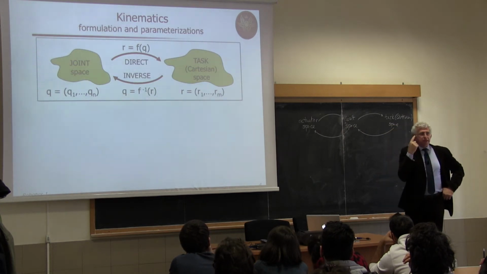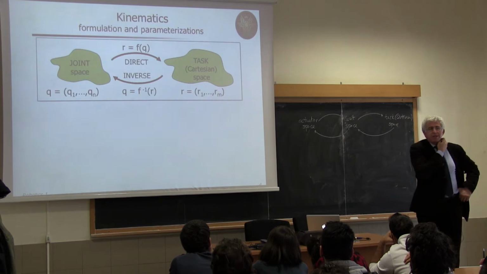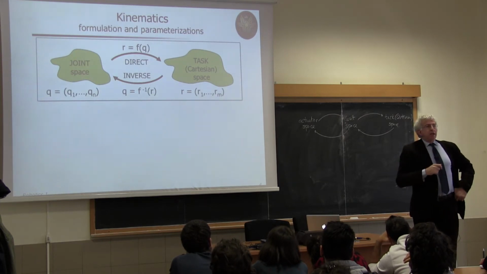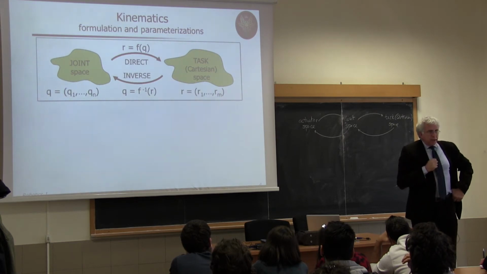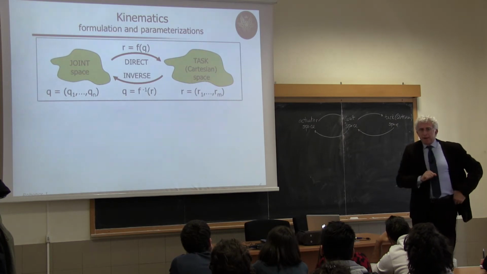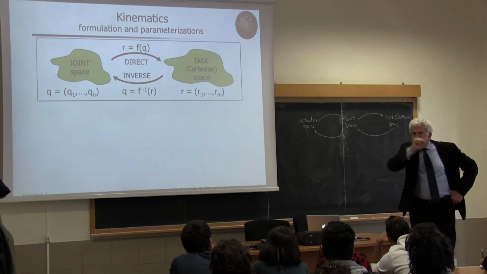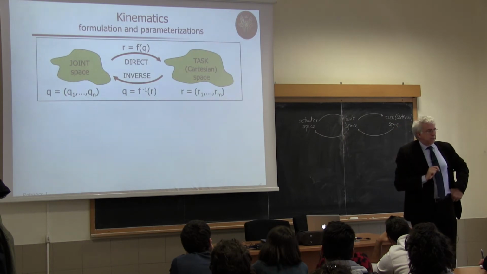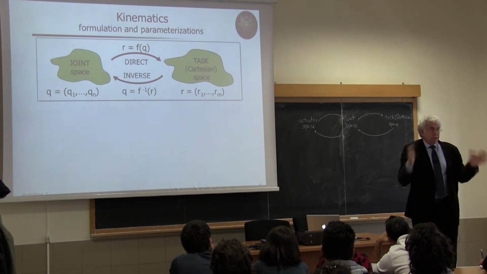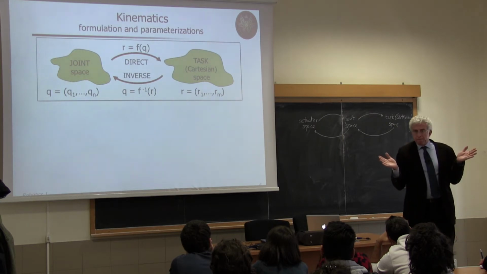And I give you immediately one example. For instance, your task would be to move the end effector, which carries a camera, in such a way that in the image plane of the camera, you will see some feature moving to certain desired places. So the task is not defined in 3D, it's in the image plane of the camera.